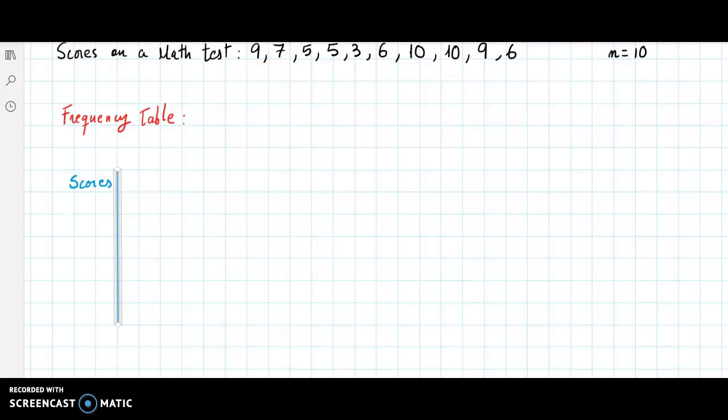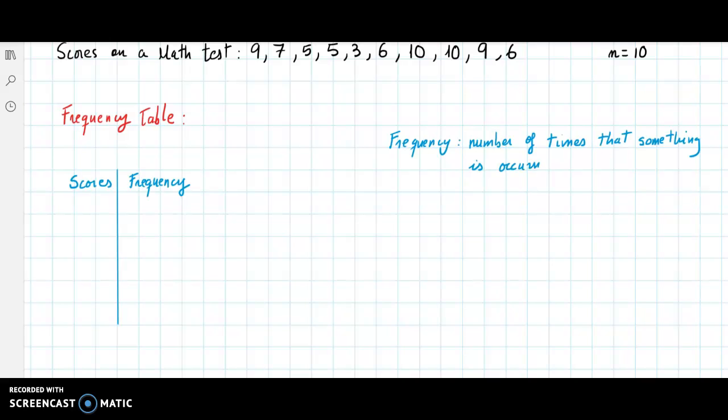And the second column is called frequency. This frequency is the number of times that something is happening or occurring.